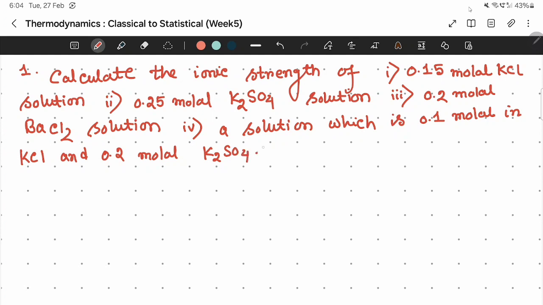So there are four solutions provided and we have to find the ionic strength for each solution.